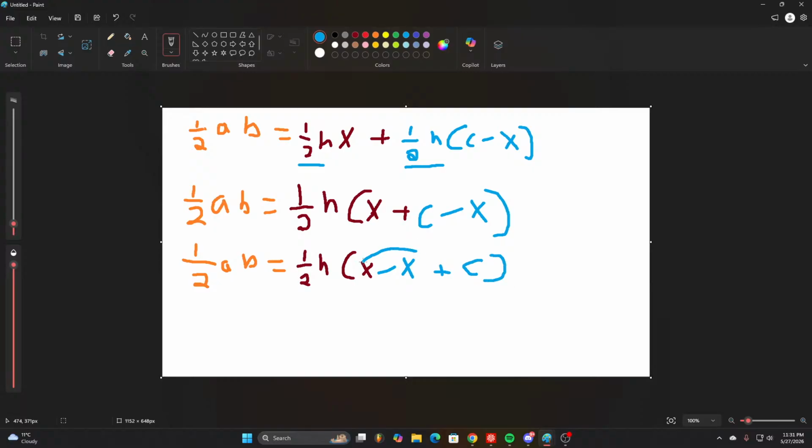And these cancel each other out. Another thing that's going to cancel out are these two 1/2s, so a times b equals h times c.